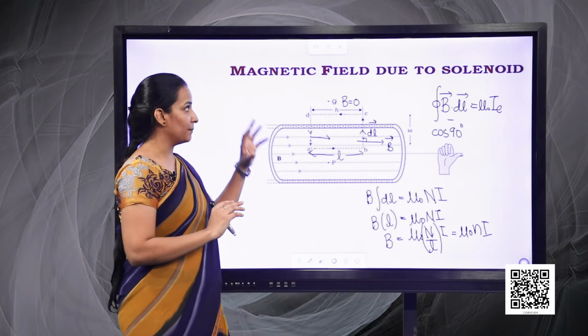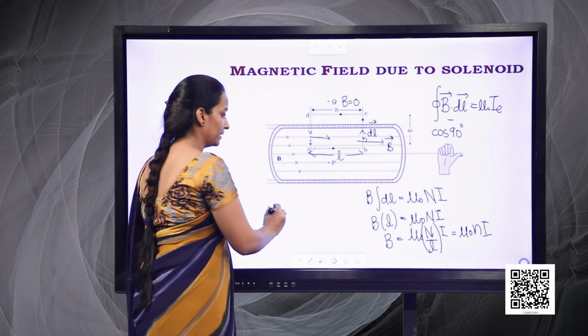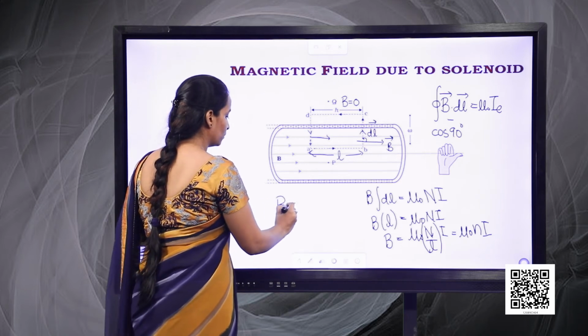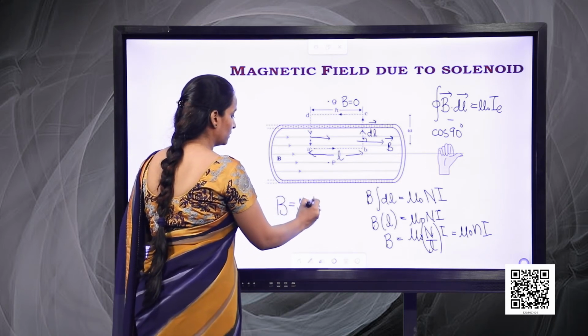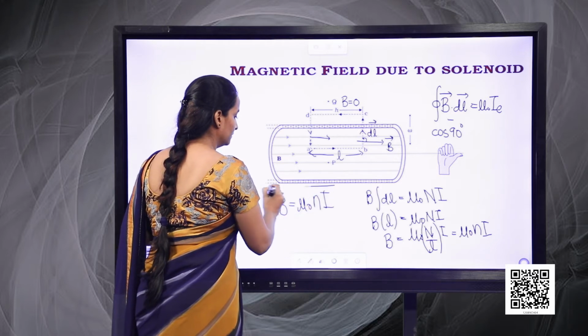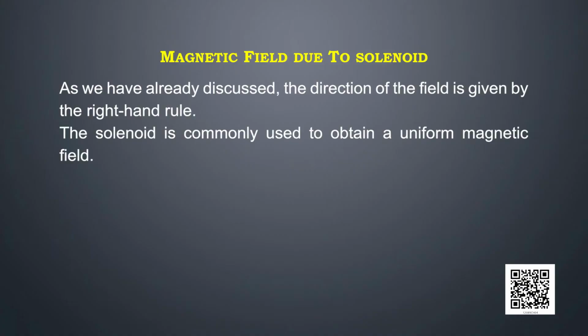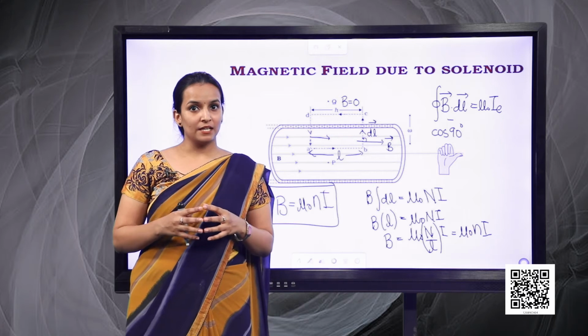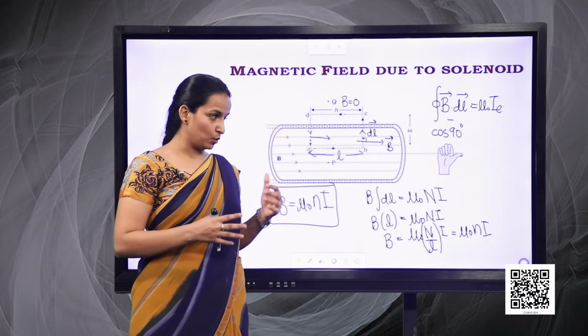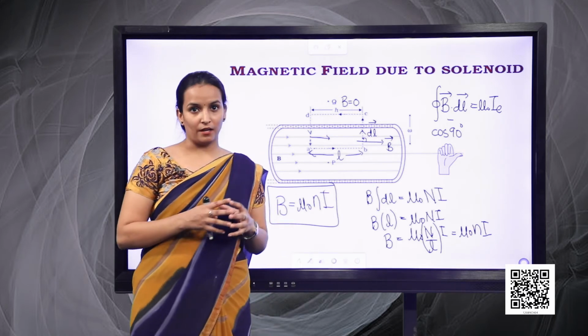It means the magnetic field due to a solenoid can be written as B equals mu naught n I. As we have already discussed, the direction of the field is given by right hand rule. The solenoid is commonly used to obtain a uniform magnetic field. Here we can see that B depends on mu naught, n and I.